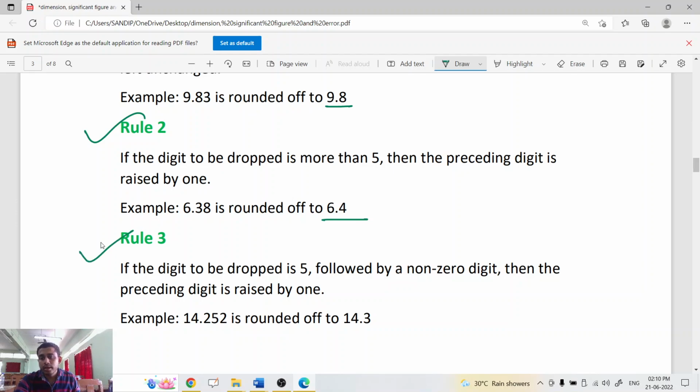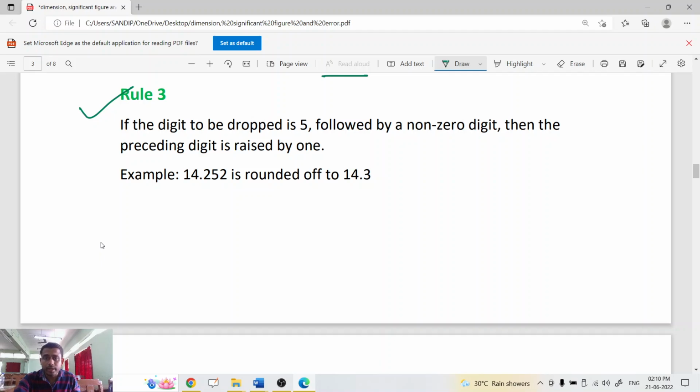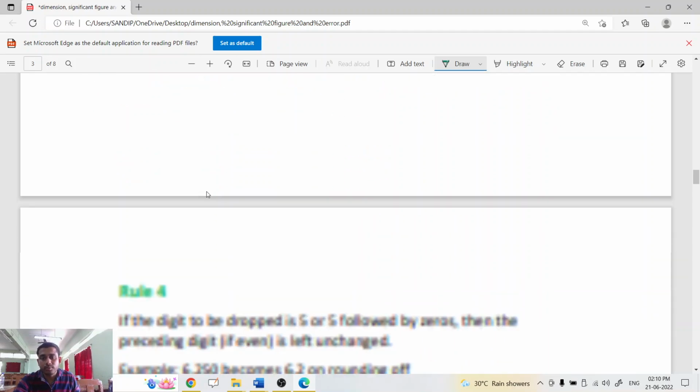Rule number 3: if the digit to be dropped is 5 followed by a non-zero digit, then the preceding digit is raised by 1. Here we find 5 followed by a non-zero digit, that's why we add 1, 2 plus 1, and we get 14.3.